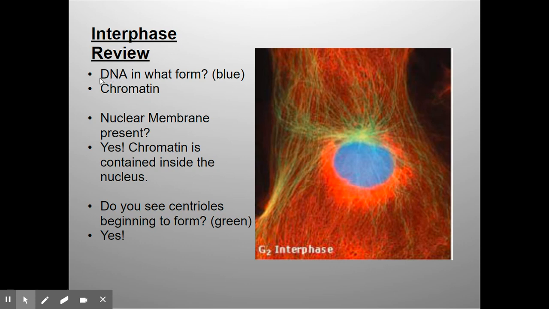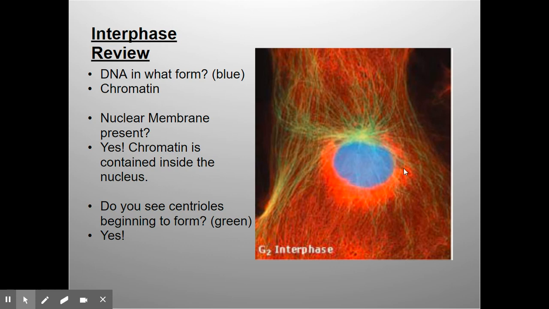In interphase, our DNA, in this case on our picture, is blue. It's in its chromatin phase. As you can see, there's not really any big details. It's just kind of a big blue blob. We do have a nuclear membrane present.